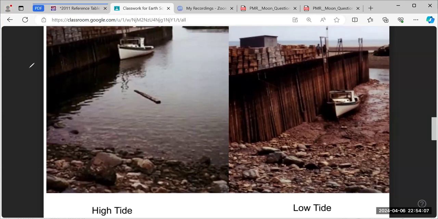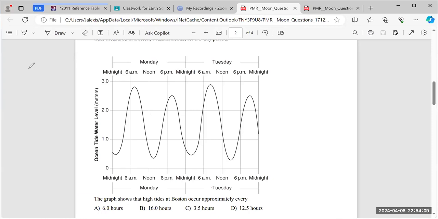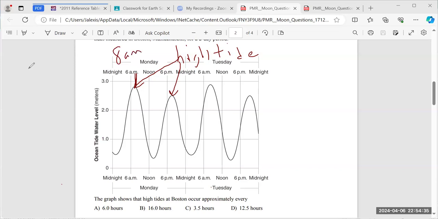Around the coast. So what do I also know just by looking at this diagram? High tide is right here. I'm just going to pick two consecutive high tides, where the water level reaches its highest point, right here and right here. And when I'm looking at the time, if I was to give an estimate, this looks to be about 8 a.m., maybe 7 a.m. And then here at the highest point, it looks to be almost similar.